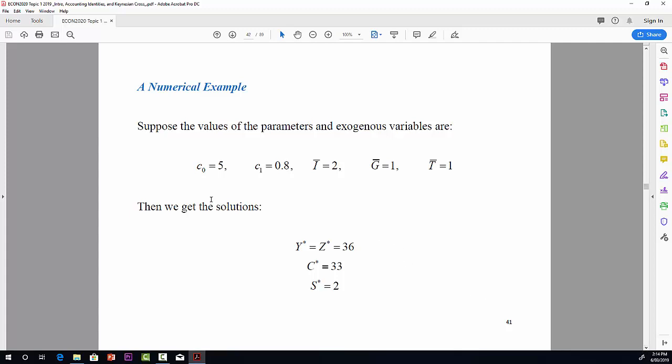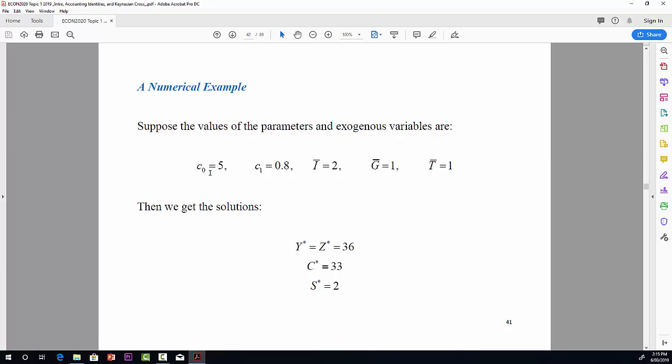Now let's do a numerical example. We've got two parameters, C0 and C1. Let's set C0 equal to 5. Imagine, for example, the way that macroeconomists do this is they look at data for a macroeconomy, and they use statistical techniques called econometrics to get an estimate of what C0 is and what C1 is.